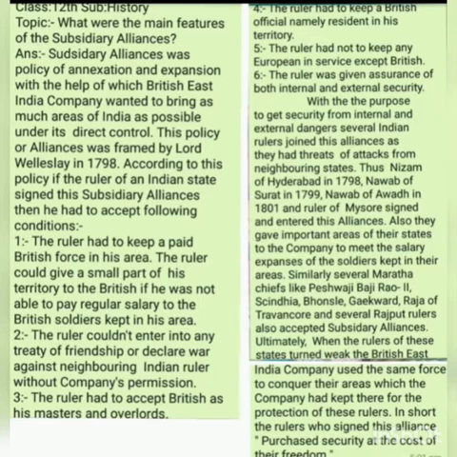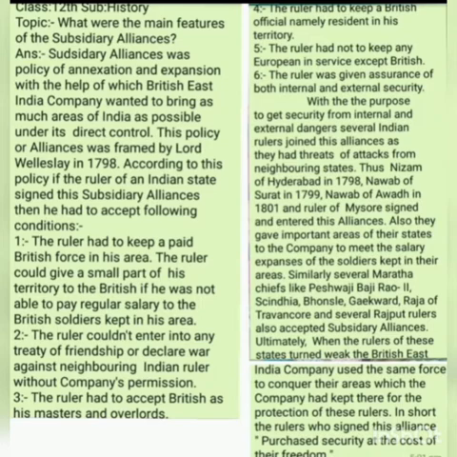These subsidiary alliances had some important features. Let's see what the features of the alliances are. The Indian rulers who signed this treaty with the British East India Company were not forced to sign it. It was up to the will of the Indian ruler to sign the treaty or not.